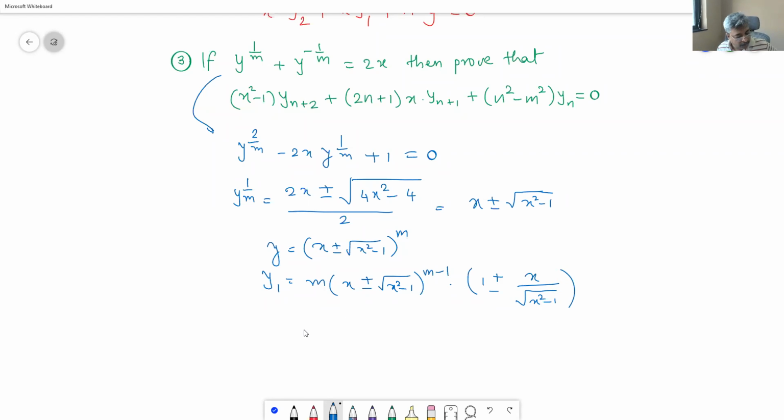After simplifying, squaring both sides, just a moment.